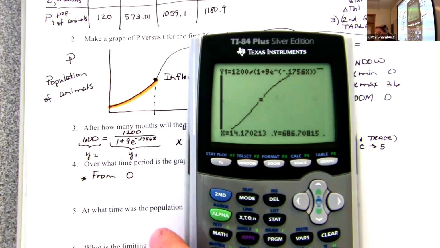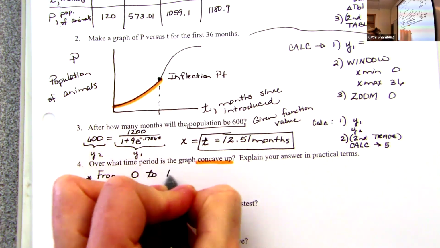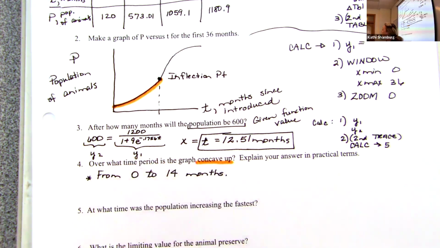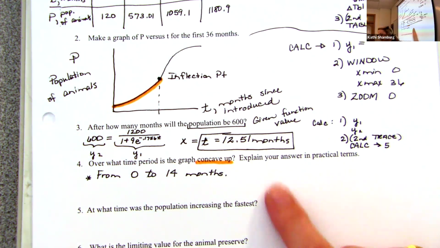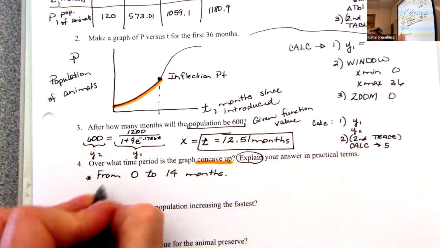So I'm going to say from 0 to, I'm going to say 14 months. But again, that could have some flexibility in that. 0 to 2 months, no, that's wrong. Okay. All right, then it asks us to explain what that means.